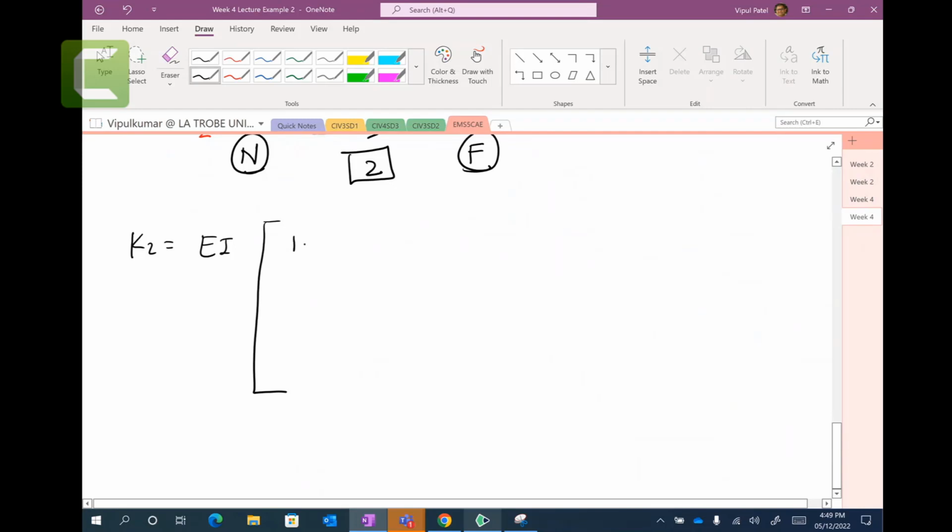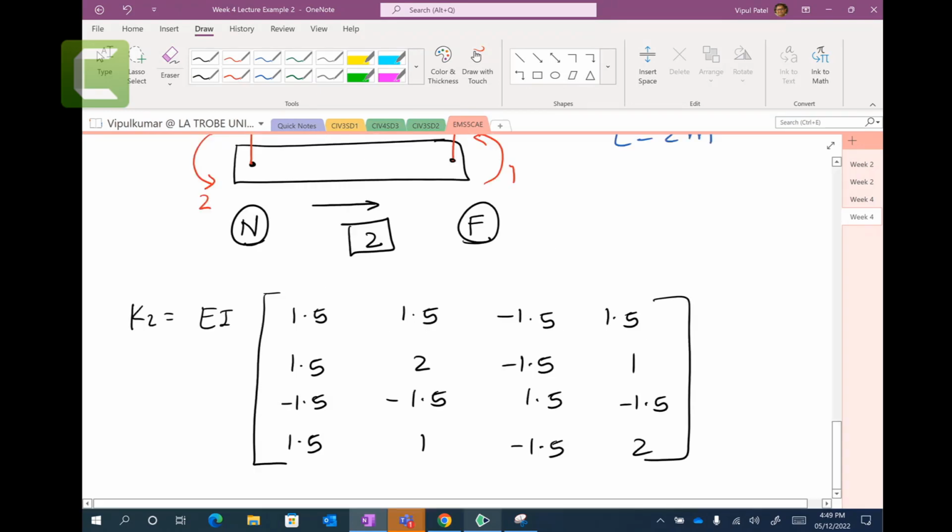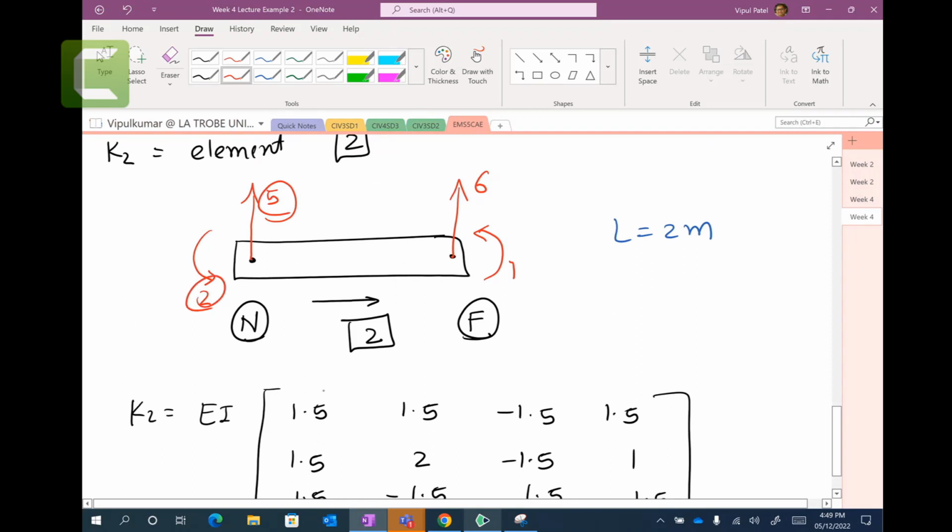Like last time we did it, right? 1.5, 1.5, 1.5, 2, minus 1.5, 1, minus 1.5, 1.5, minus 1.5, minus 1.5, 1.5, 1, minus 1.5.